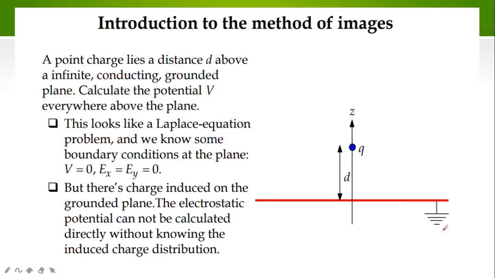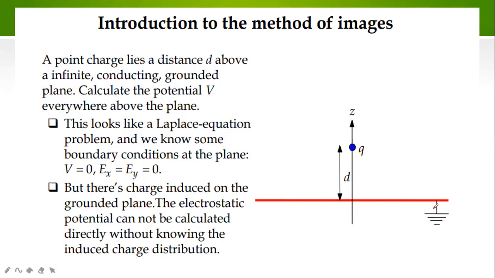So we have to basically use a grounded conducting plane, because we don't want any surface current or any surface charge. So there is a grounded conducting plane. At a distance d from this plane, there is a charge q. So the charge is in the z direction with respect to this plane.